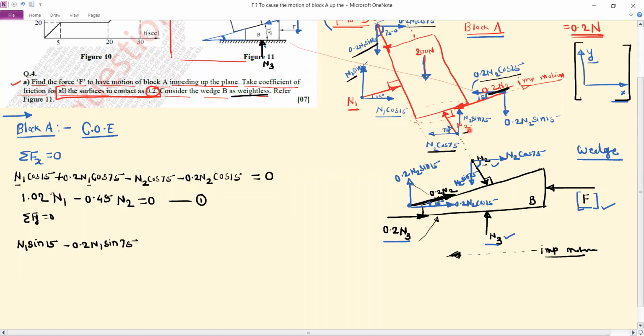Then we have this component n2 sine 75, it is plus. Then this component of the friction force, minus 0.2 n2 sine 15. Then this self weight 200 Newton, so minus 200, and this is equal to 0.